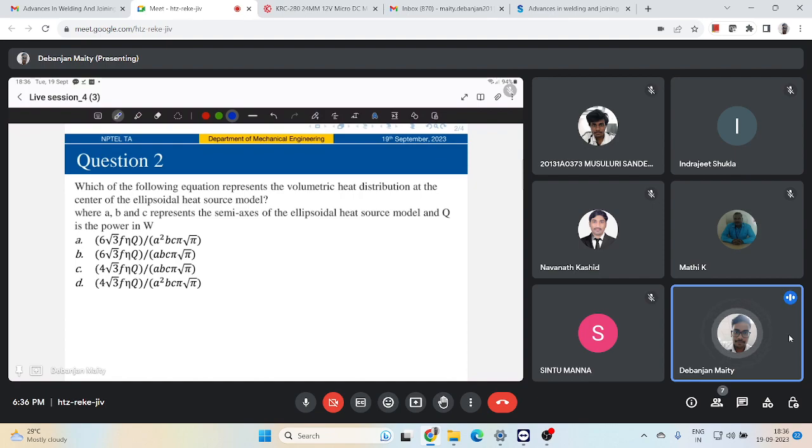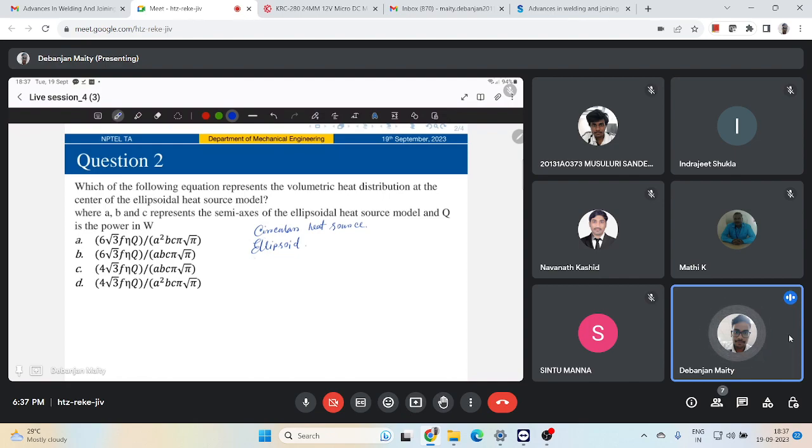What are the different kinds of welding heat source models you have come across? There is something called the circular heat source. You have this ellipsoid. What else?